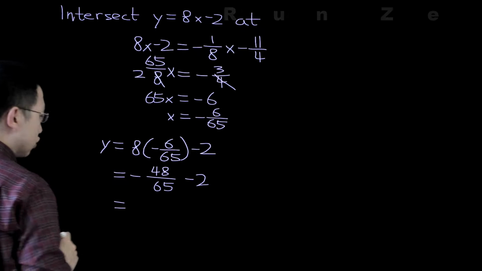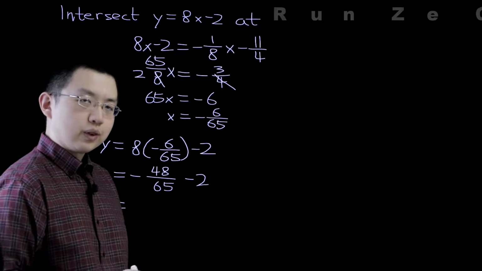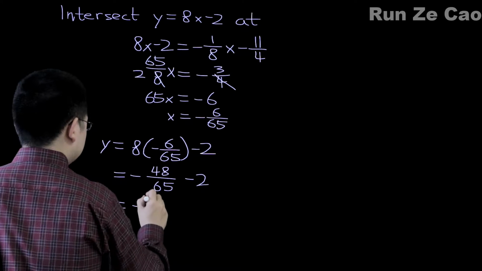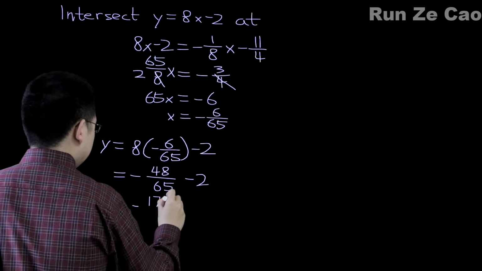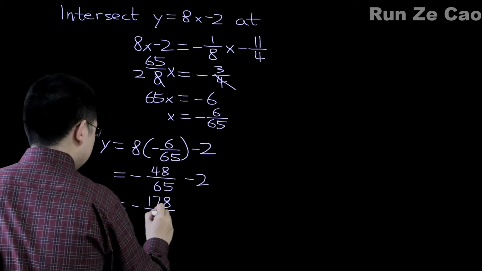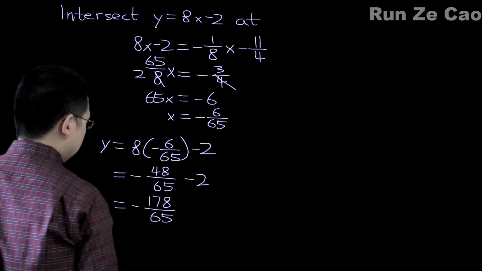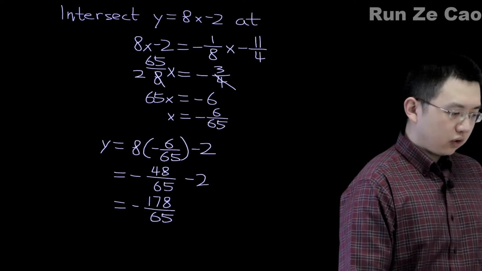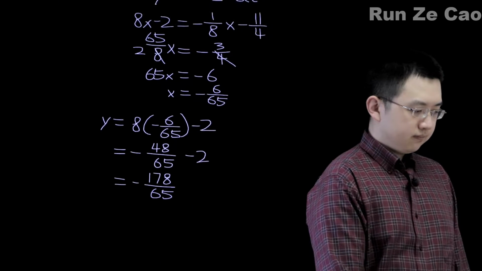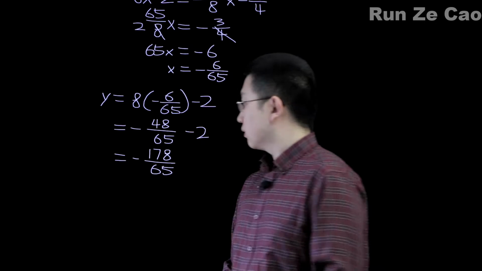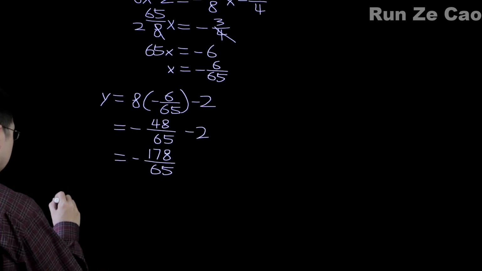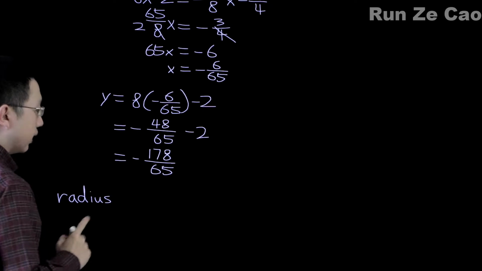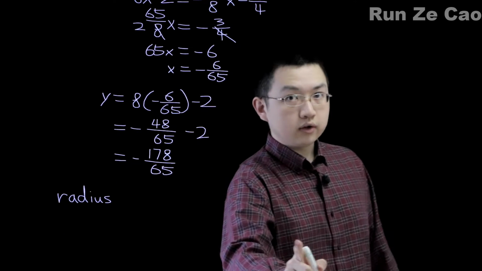So 2 times 65 is 130, and 130 plus 48 is negative 178 over 65. So the radius we're looking for, wait a second, what is the formula for the radius?